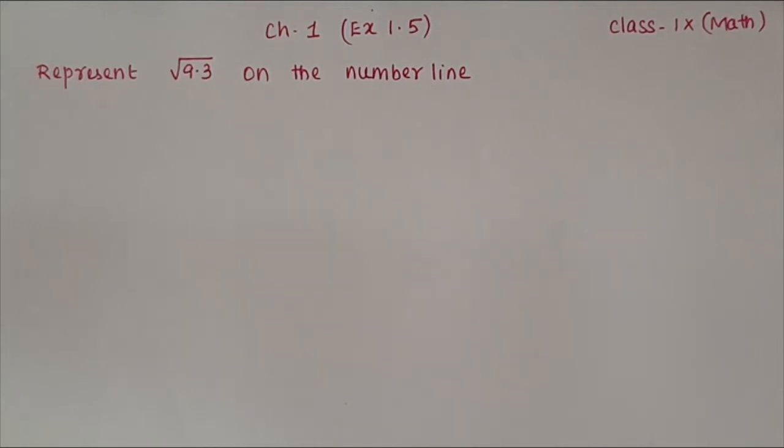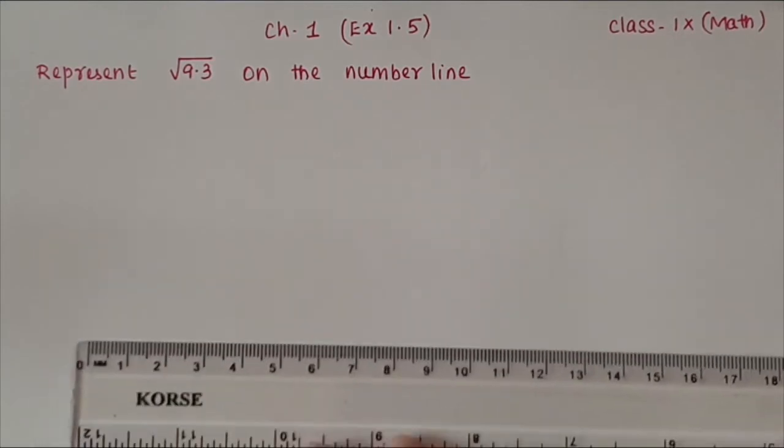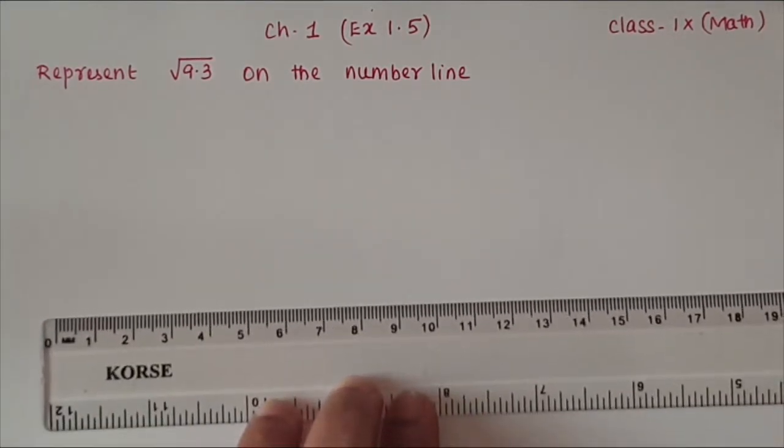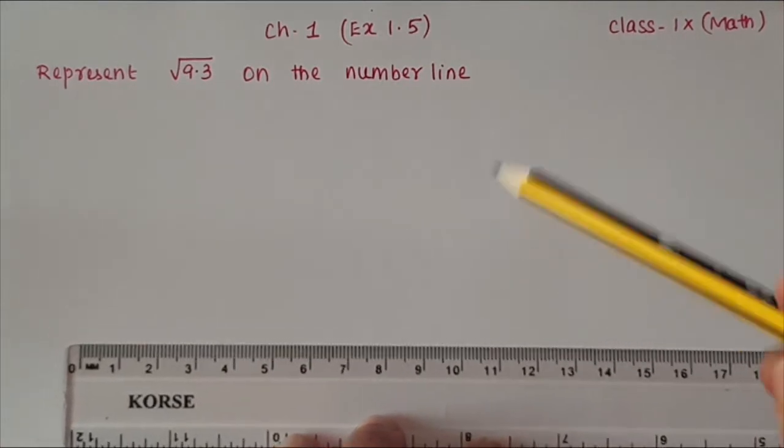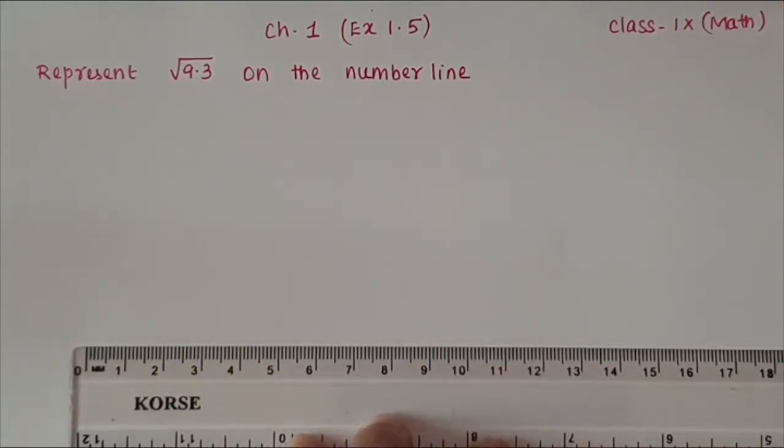First, you have to draw a line segment AB of length 9.3 units. So we need a ruler, 9.3 units. I'm taking the centimeter side.